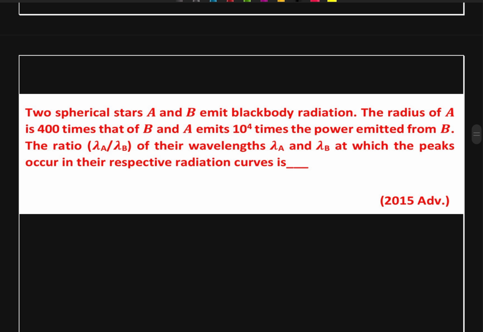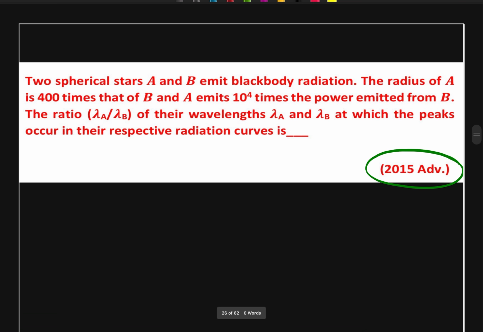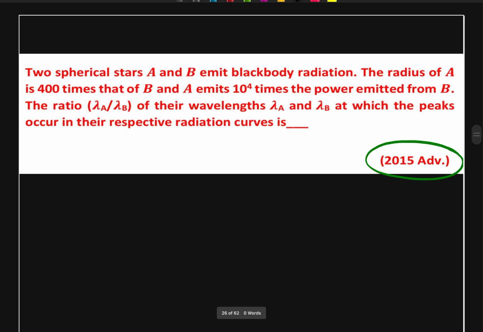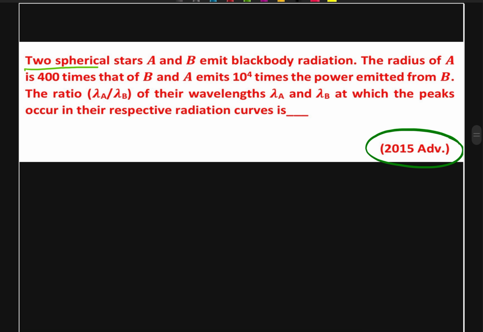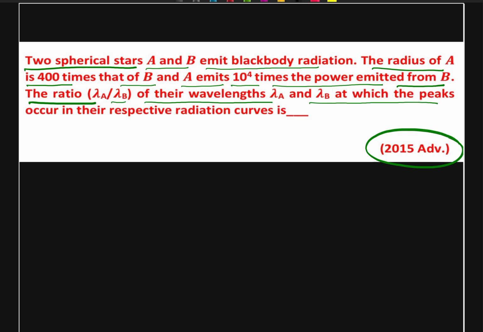It was asked in the 2015 Advanced, and it states that two spherical stars A and B emit blackbody radiation. The radius of A is 400 times that of B, and A emits 10⁴ times the power emitted from B. The ratio of lambda A to lambda B, the wavelengths at which peaks occur in the respective radiation curves, is.